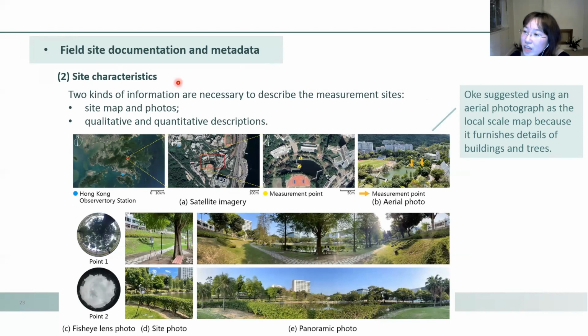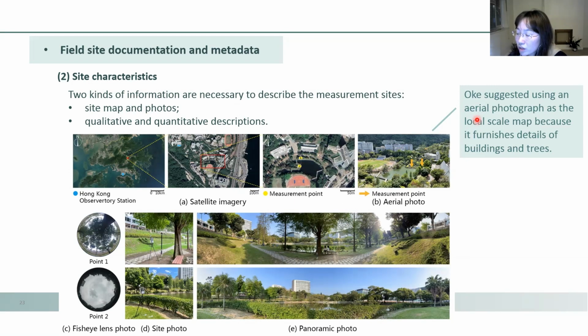And the next step is about the site characteristics. There are two kinds of information necessary to describe your field measurement site. One is the site map and photos, and the other is the qualitative and quantitative descriptions. About the site map and photos, in my paper I provided an example for your reference here.